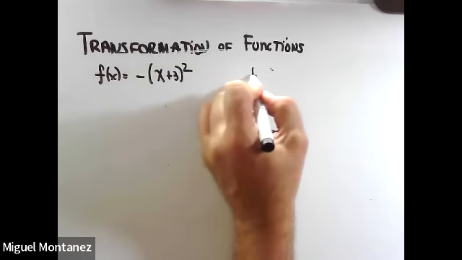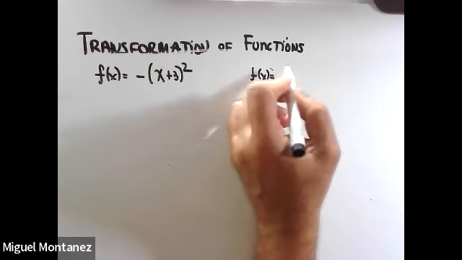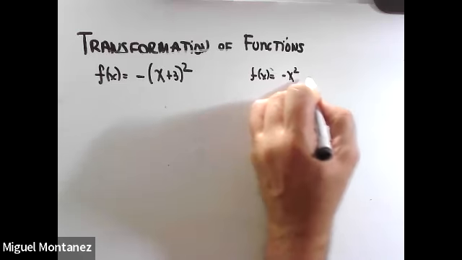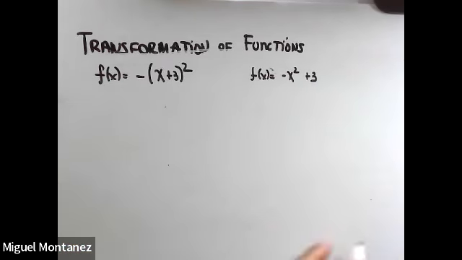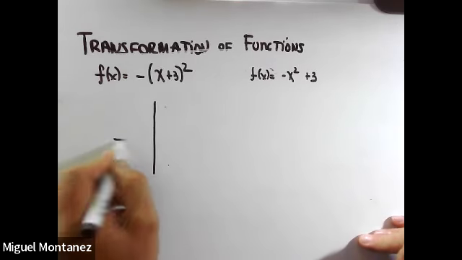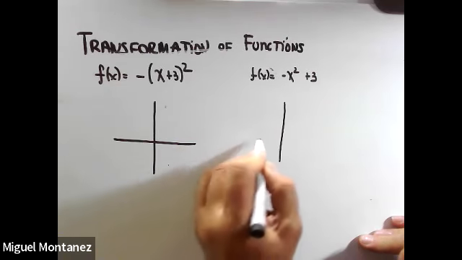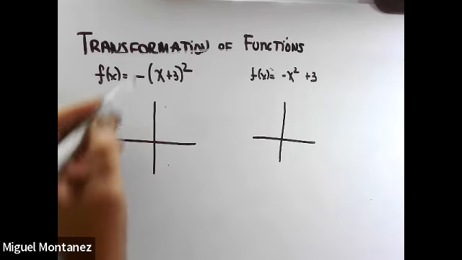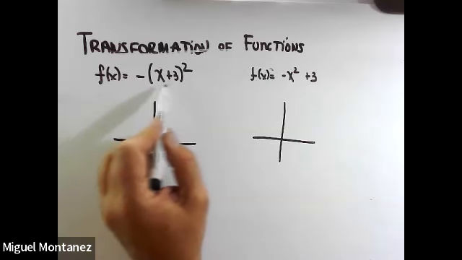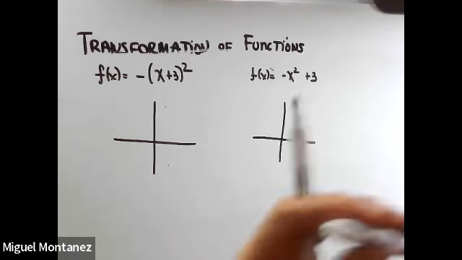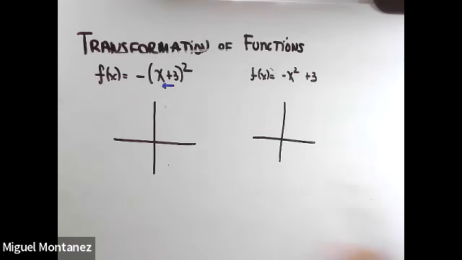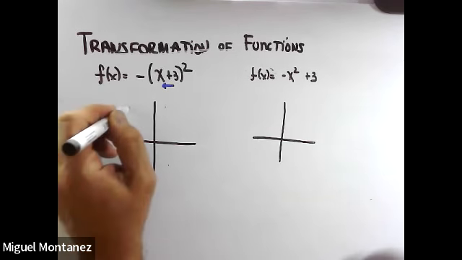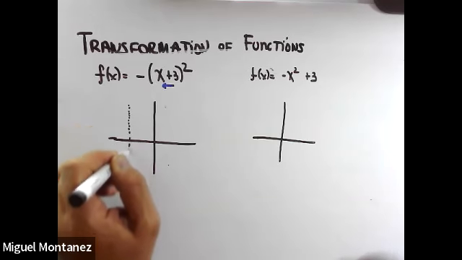Then what if I have f of x equals minus x squared plus 3? Of course, here I'm adding 3 inside, so we better move to the left. Yeah, so we'll be here at x equals -3.